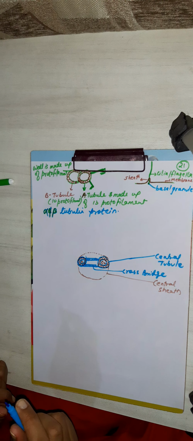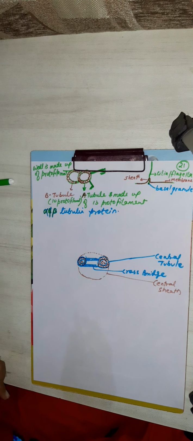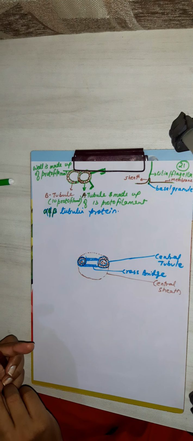Now how many? 9 radial spokes we will draw.